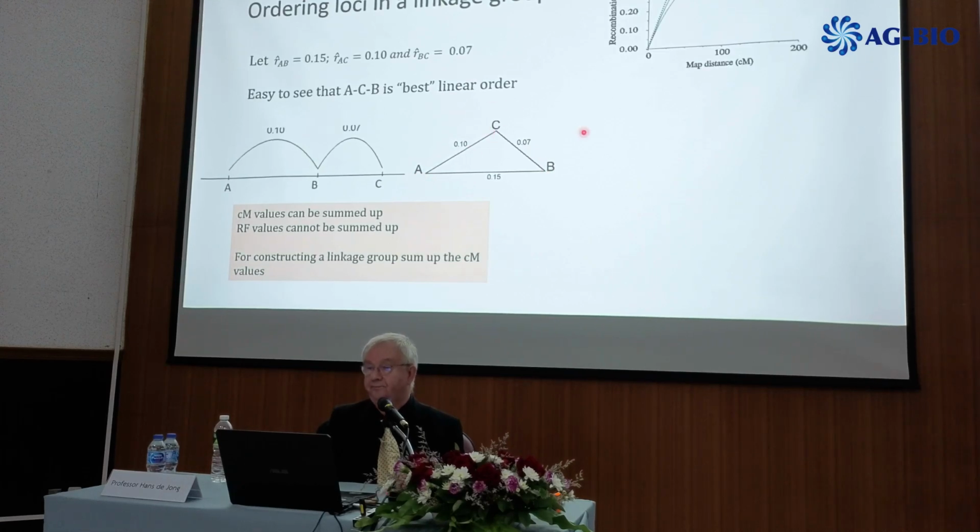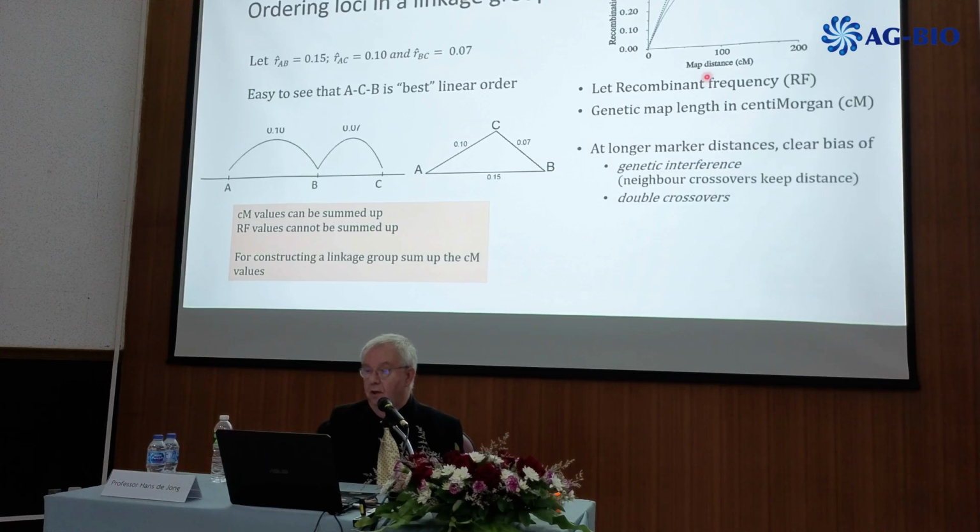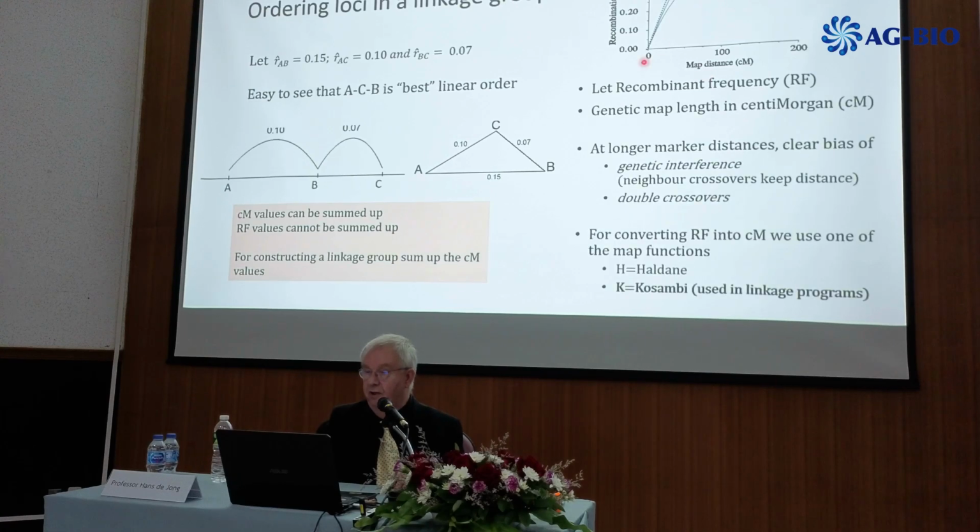Now, people have recognized this difference between centimorgan and recombination values, and finally, you always want to make the centimorgan values. For that, we need a so-called correction, and a correction actually corrects for genetical interference. It corrects for specific cases of double crossovers, in which a mathematical equation is used to convert recombination frequency into centimorgans.